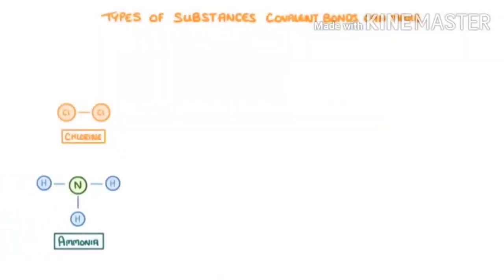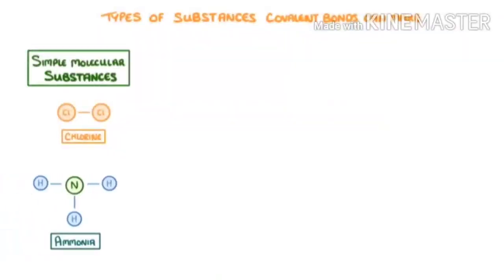Next are the types of substances which form covalent bonds. There are two types of substances. First is simple molecular substances, like the chlorine molecule or the ammonia molecule.